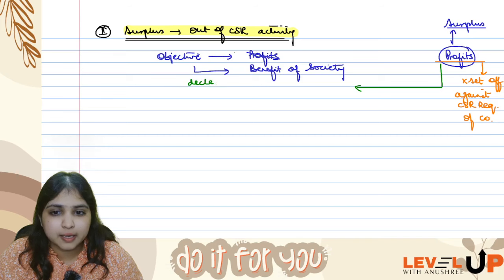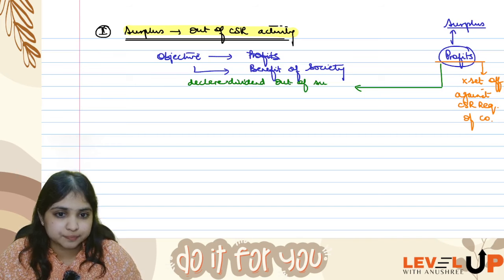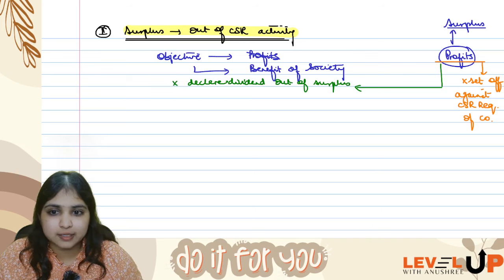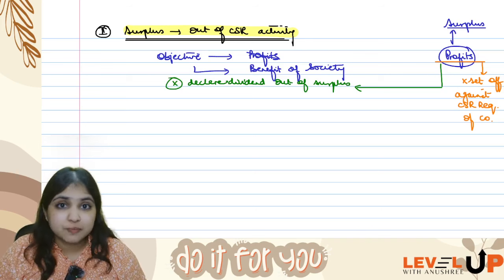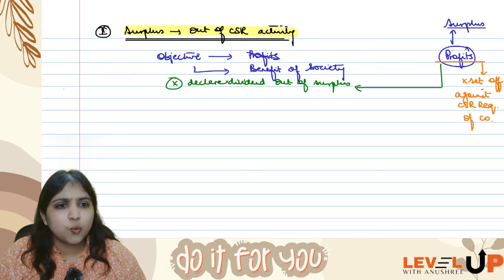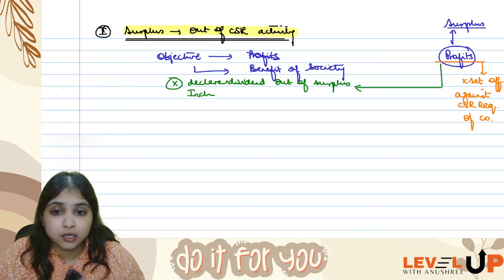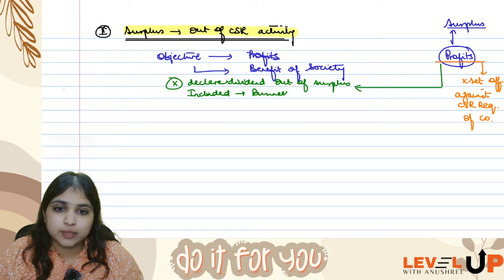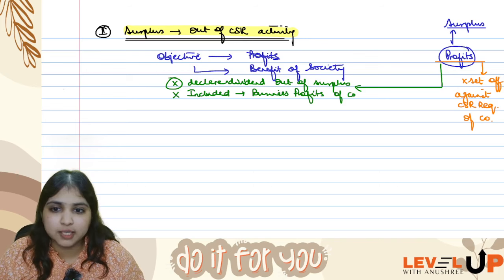Can the company declare dividend to shareholders out of this surplus? No, even that is not allowed. Company declares dividend out of its profits, not out of profits from CSR activity. Then, will this profit be included in the business profits of the company? Like when the company says, in the current year I made so much profit, can we include this profit from CSR activity? No.